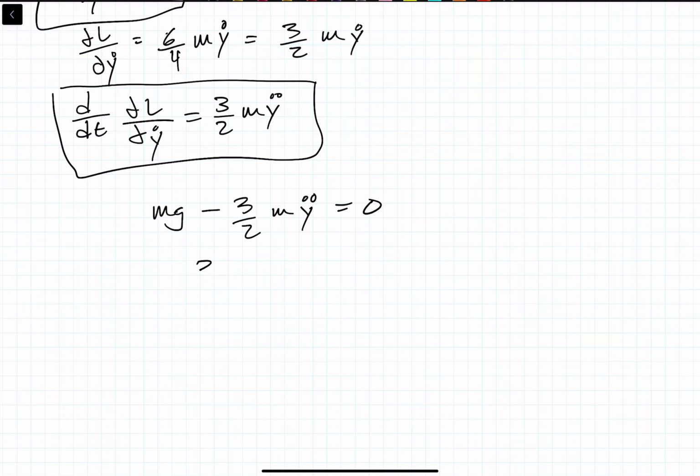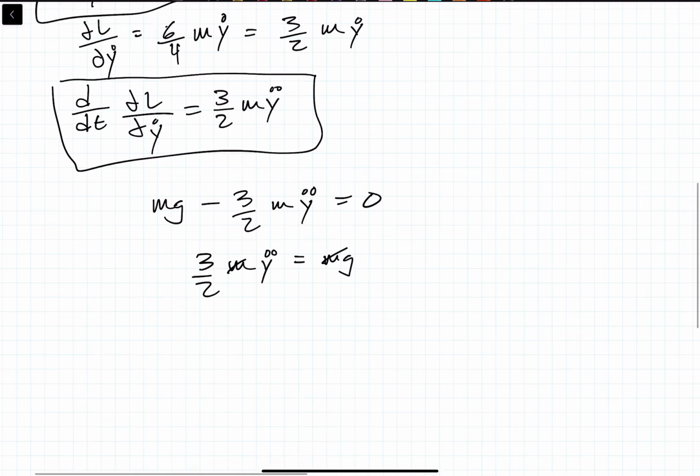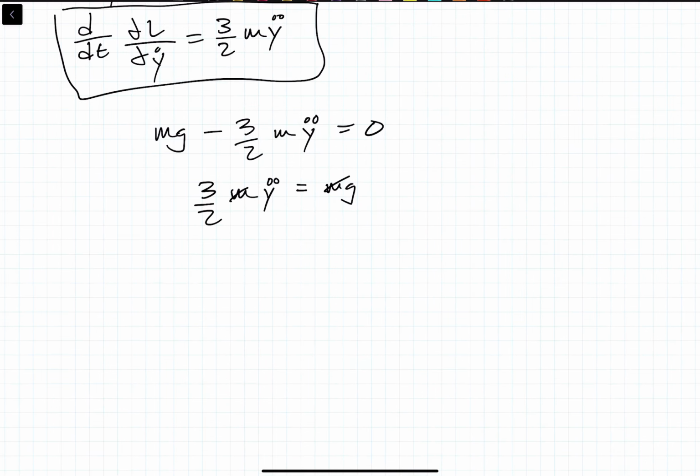That's 3/2 m y double dot equals mg. There's an m on both sides of the equation, so those cancel out. Multiply both sides by 2, divide each side by 3. So y double dot is equal to 2/3 g.